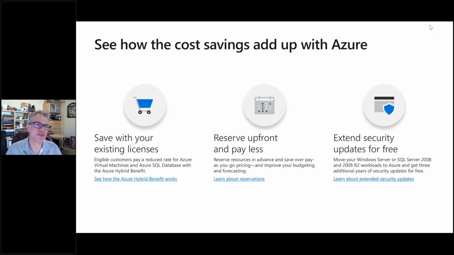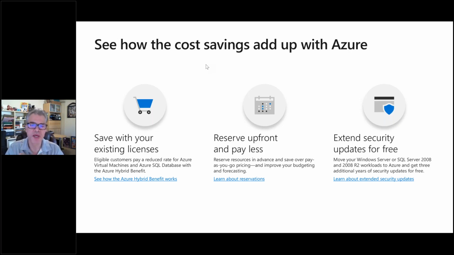So if you have 10 of those servers and you can just pay for the compute natively and without the Windows licensing, which you can do if you own the Windows licenses already with software assurance, you can save, what's 10 times 30, $300 a month. It's significant. The price savings can be 20 to 30% in there just for that licensing portion alone. So that's one thing you can do in Azure that you can't do in Amazon, for example.